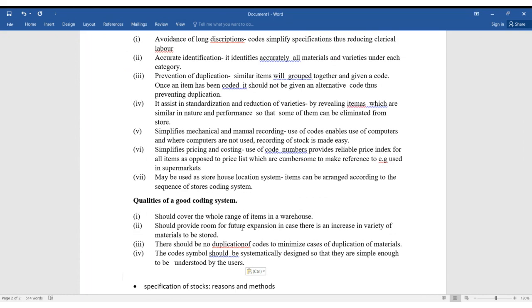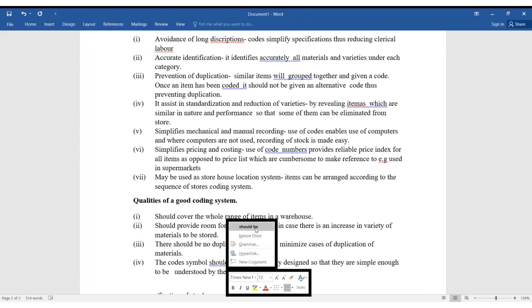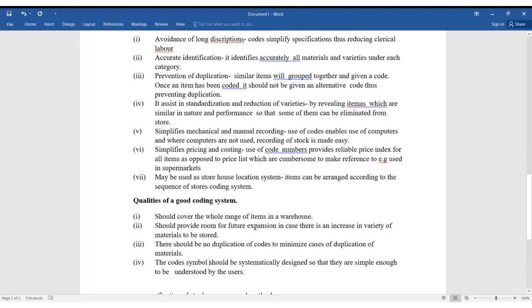A good coding system should cover a whole range of items that is in a store, should provide room for future expansion, and has no duplication of items.